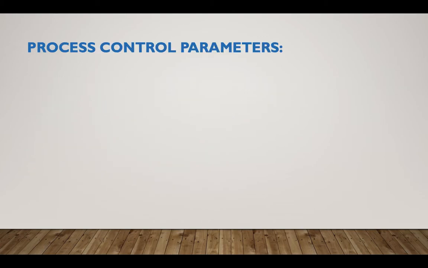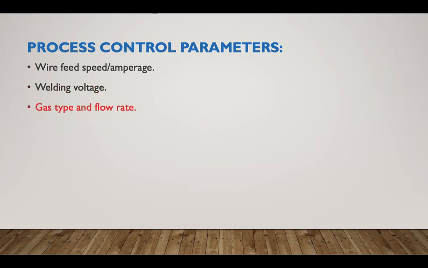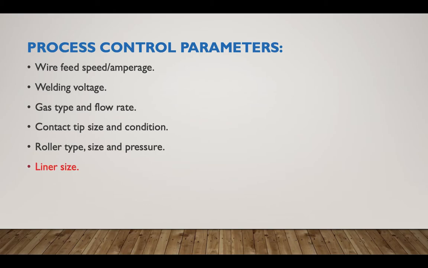So what are the process control parameters in MIG welding? First one is wire feed speed, amperage, welding voltage, gas type and flow rate, contact tip size and condition, roller type, size and pressure. This roller is for feeding the wire. Then liner size, the liner in which the wire is fed to the work, cast diameter and helix angle. This cast diameter belongs to the wire and helix angle also belongs to the wire.